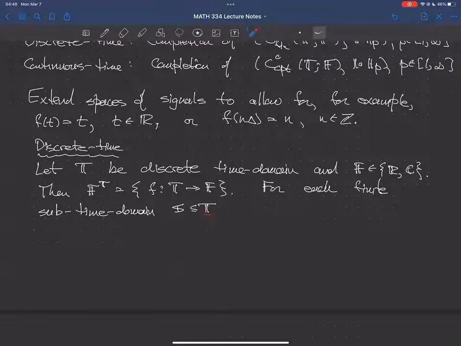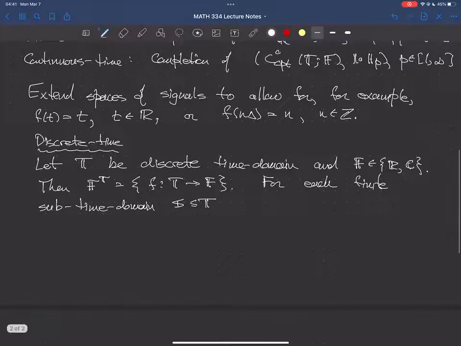So it's a finite set of points, but a finite set of points which are adjacent to one another in T. So we have a finite collection of times S.